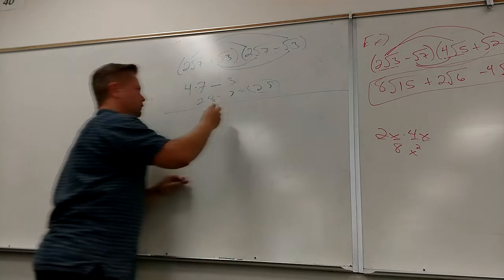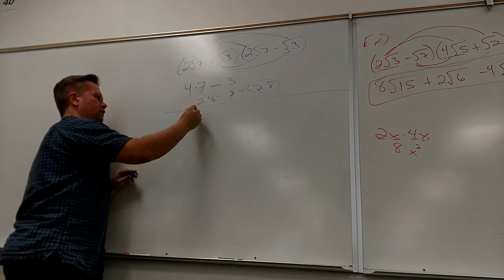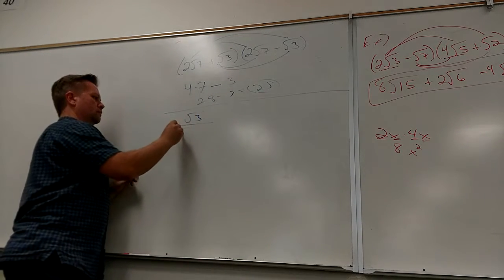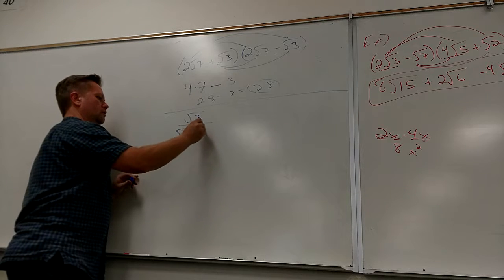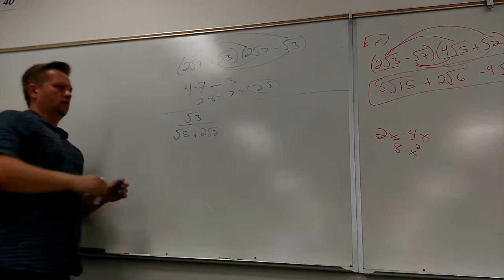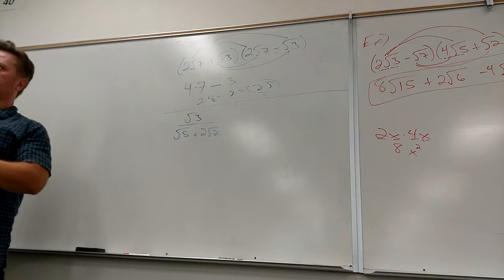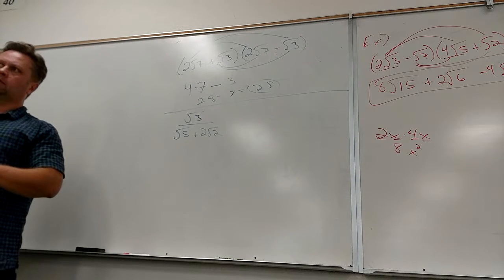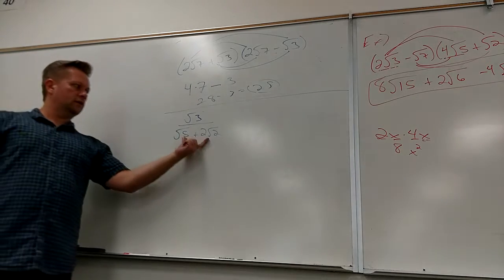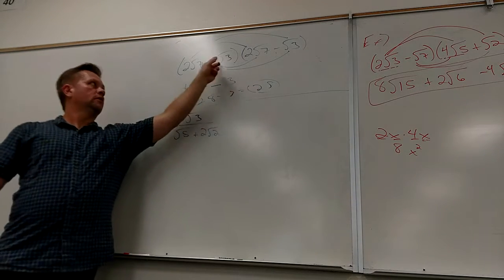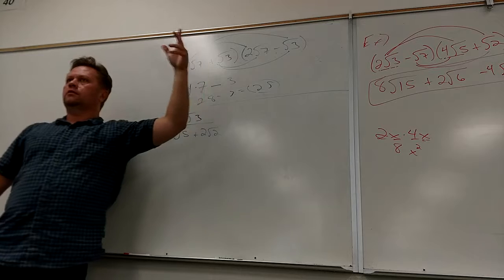So that led us to a way of handling something like this. How to rationalize this guy's denominator. What would make this become a nice number? Its conjugate would.